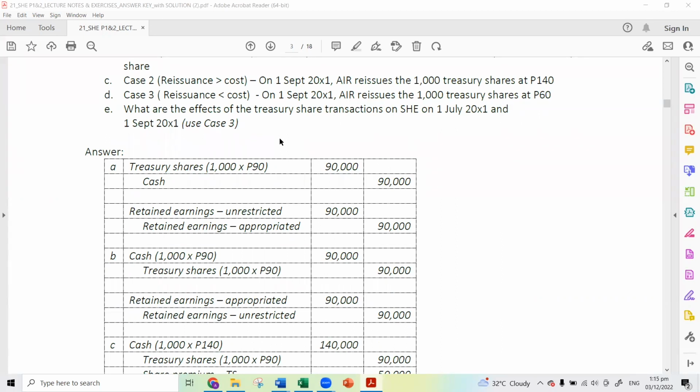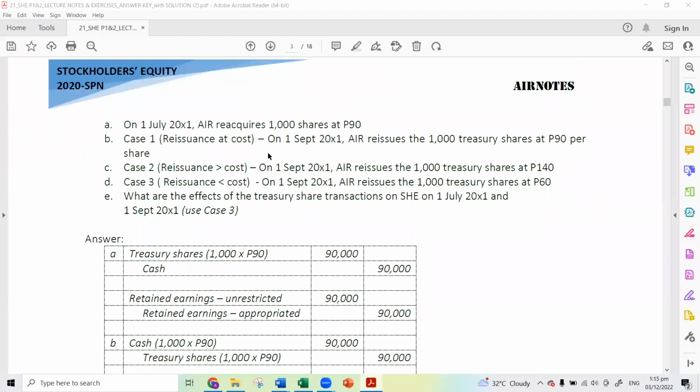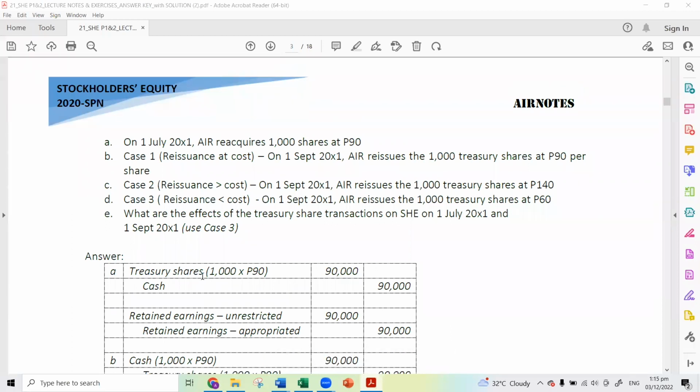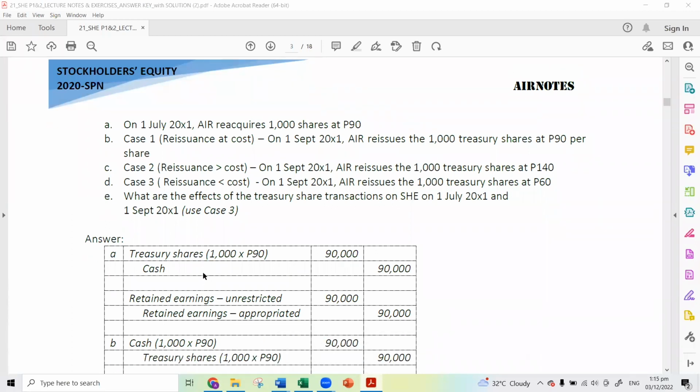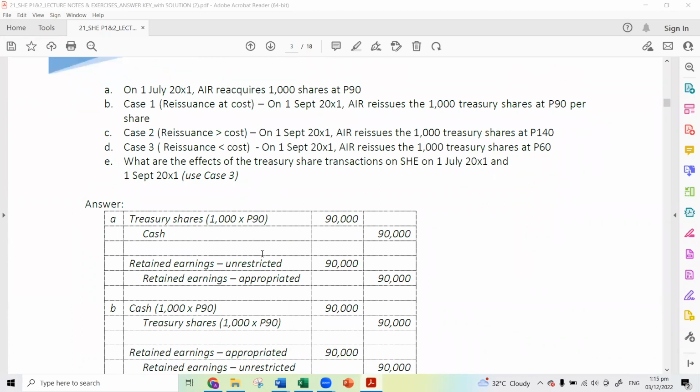No? So, in item A, ano ang dapat mong pag-aralan dito? Ito kasi at cost na yan. Kapag, di ba ang sabi natin, kailangan meron siyang sufficient na unrestricted retained earnings. Ibig sabihin, minsan kasi hindi na ito napapansin. No?